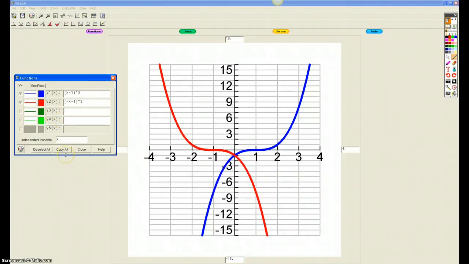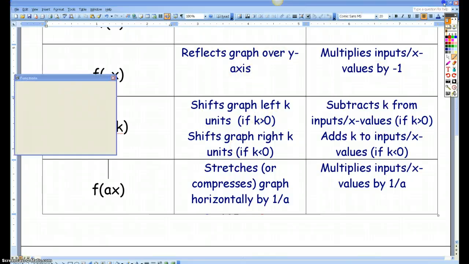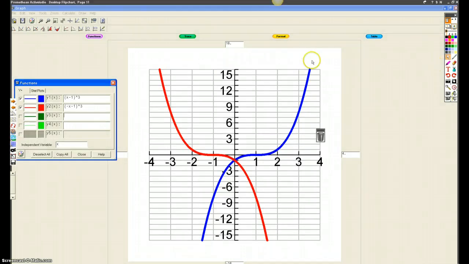And this should confirm what we explored in class and what we noted here, which is that it causes a reflection over the y-axis. Right? And that's clearly what happened. Here's the y-axis, and it's acting like a mirror. Okay, and really what's happening, you can see, is that you're multiplying all your inputs, your x values, by a negative 1.